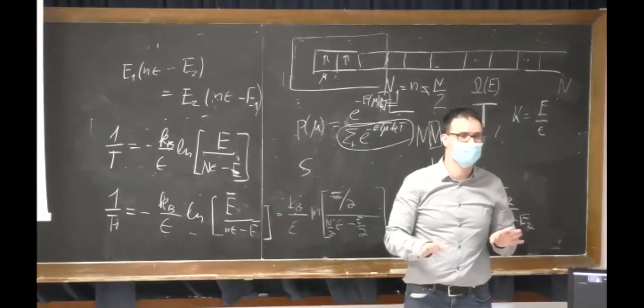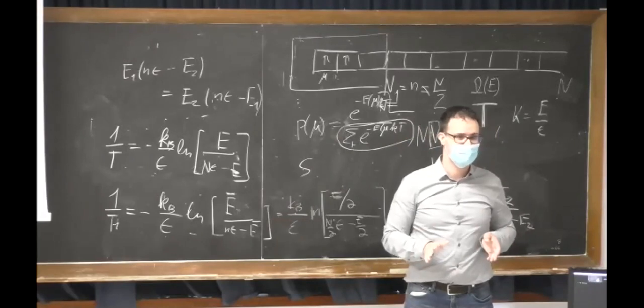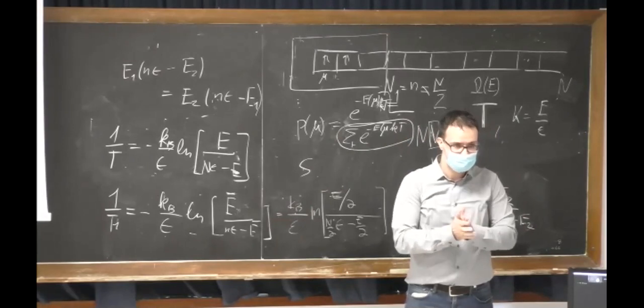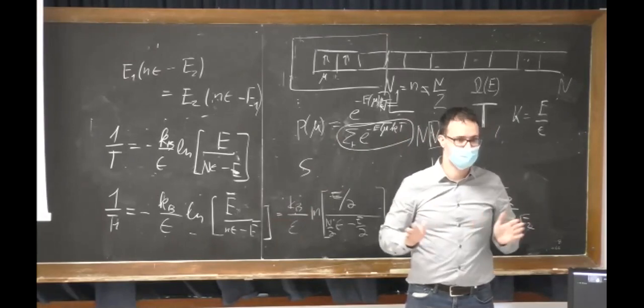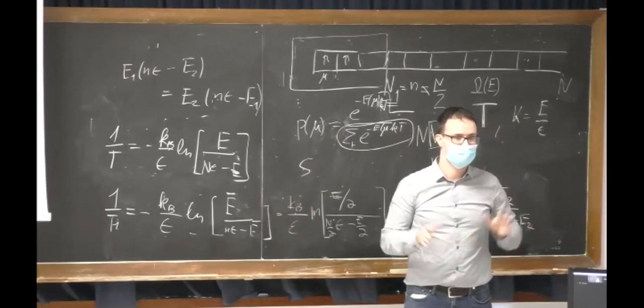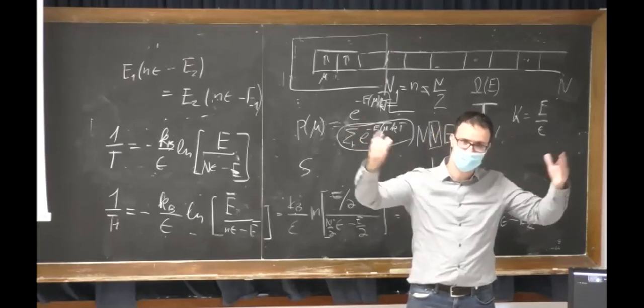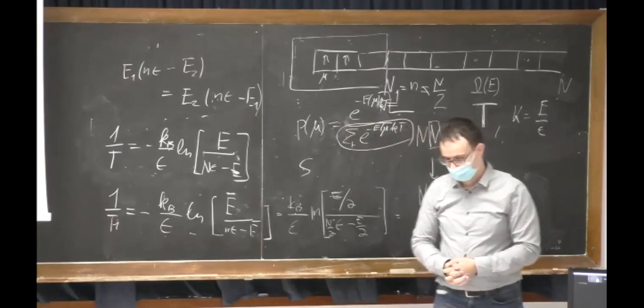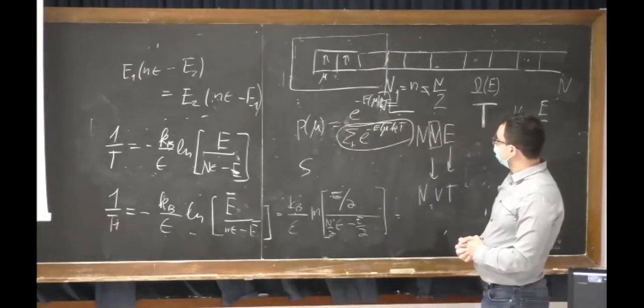Sometimes it's still possible, but just doing some magic with thermodynamics, sometimes you get an answer much faster than trying to think deeply about all these possible microstates and so on.